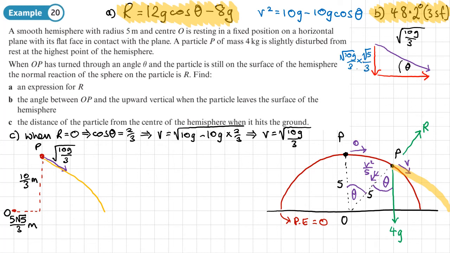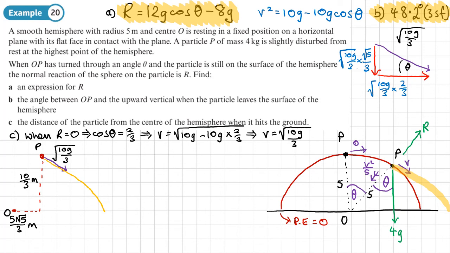And this component of velocity here is going to be this cos theta, and that's 2/3. So this will be root 10g over 3 times by 2/3. Now I'm just going to make this square root sign a bit bigger because it is the square root of the whole thing here. Same with this.